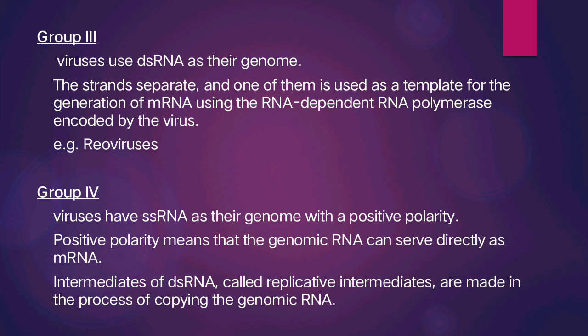Then Group 4: viruses have ssRNA as their genome with a positive polarity. Positive polarity means that the genomic RNA can serve directly as mRNA. Intermediates of dsRNA called replicative intermediates are made in the process of copying the genomic RNA.